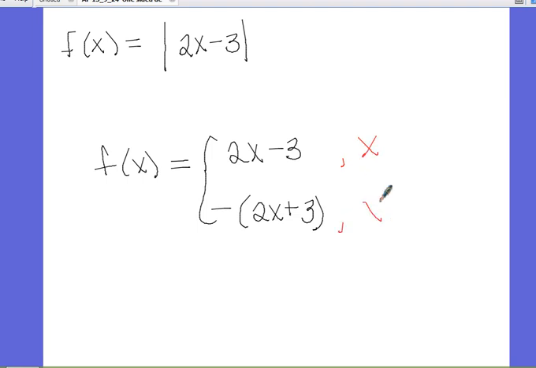You would have to understand where the vertex would be for the function, and the vertex for this guy would be at positive 3/2. So this is the left side, this is the right side, and then we give the equals to one of the two. Doesn't matter. If you're not sure which side's the left and which side's the right, graph it.